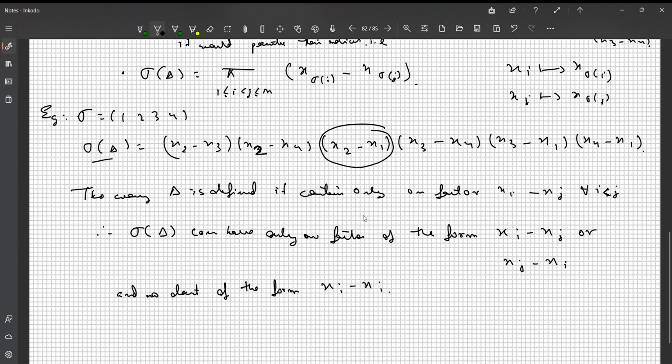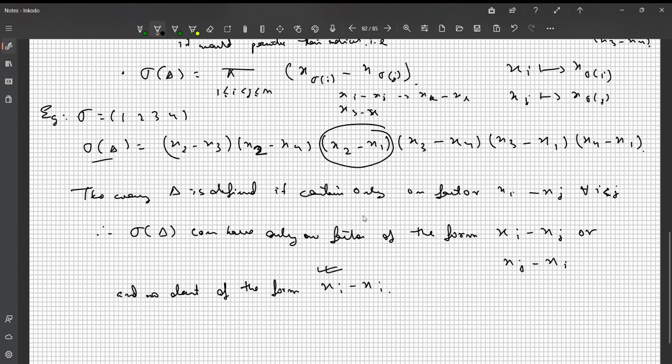Clear? And no element of the form xi minus xi, right? Because suppose if you have two elements of the form xi minus xj in sigma delta, then sigma doesn't remain a 1-1 mapping anymore, right? And the same in this case also.